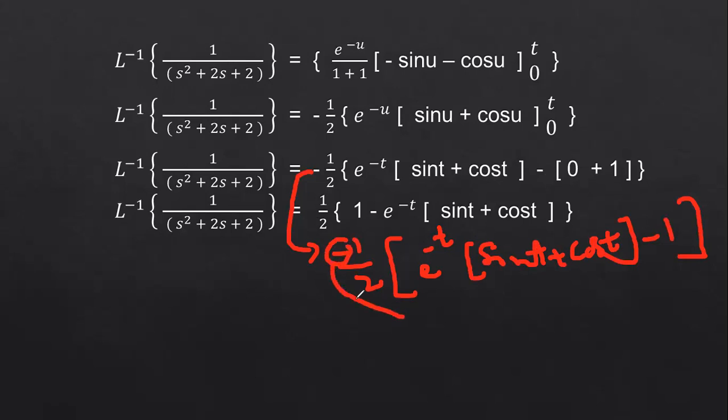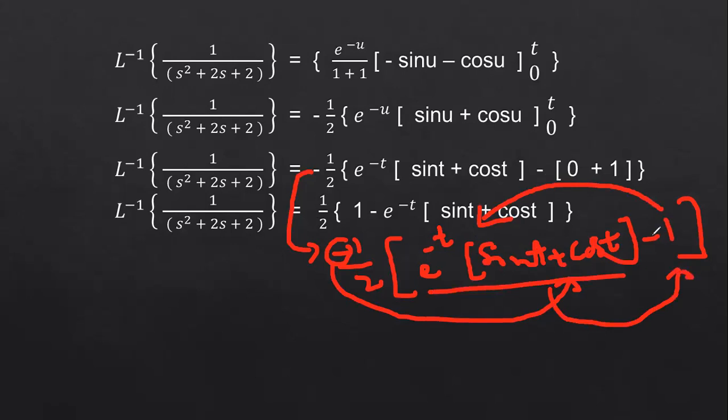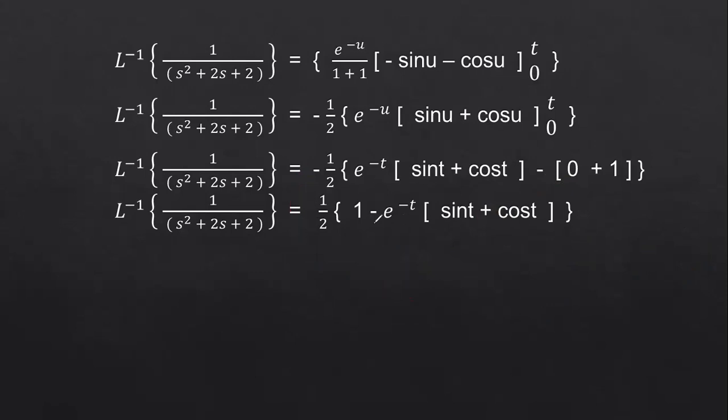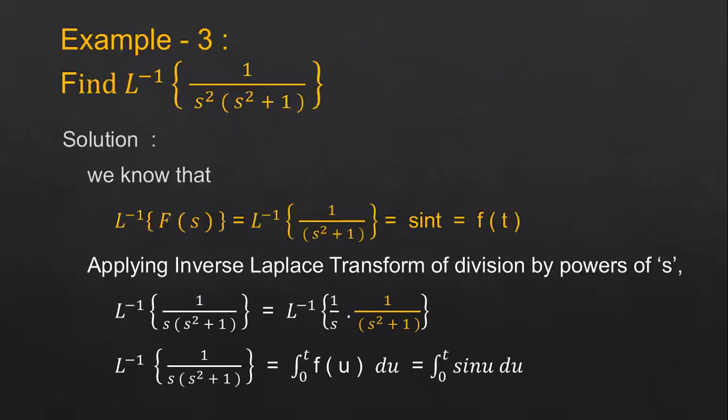If you multiply this minus term inside, then this plus 1 will come first and this entire term will come next. That is nothing but interchanging of these two terms, and finally we will get 1 minus 1 by 2 into 1 minus e power minus t into sin t plus cos t. So this is the way you have to simplify the problem by using the division by power of s method.